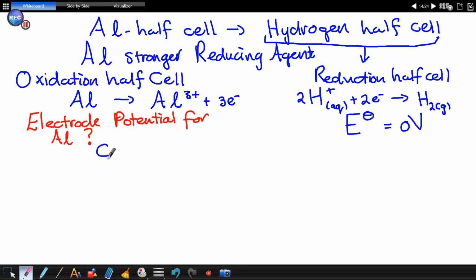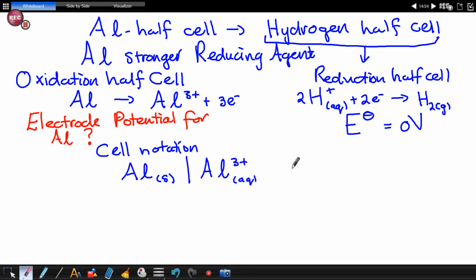Okay? Now, your cell notation will be taking the oxidation half cell, Al. Although it will be oxidized, it is also the electrode. Al / Al3+(aq) and double slashes for representing the salt bridge between the electrolytes.